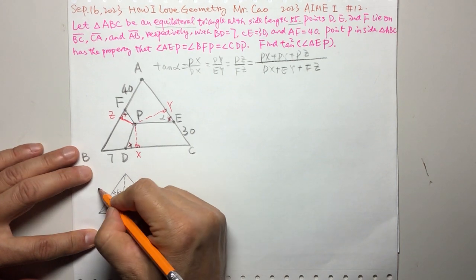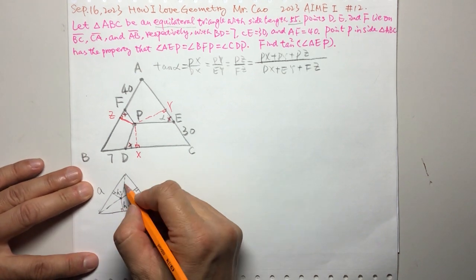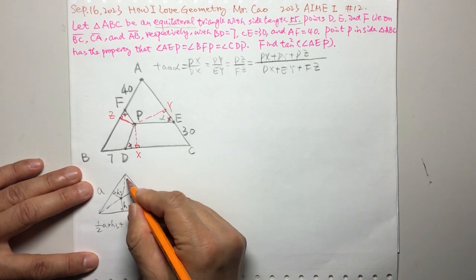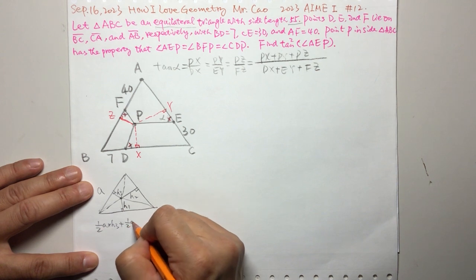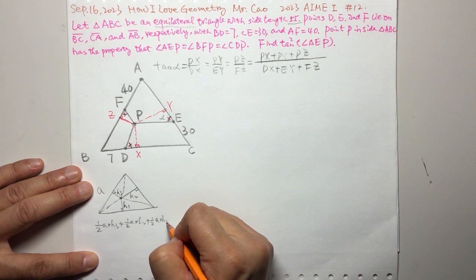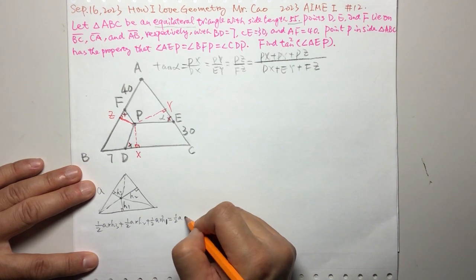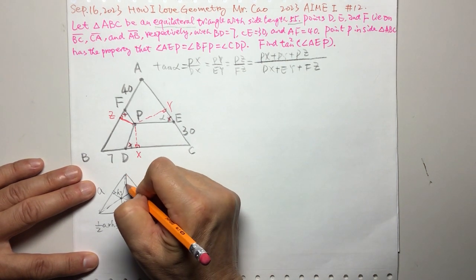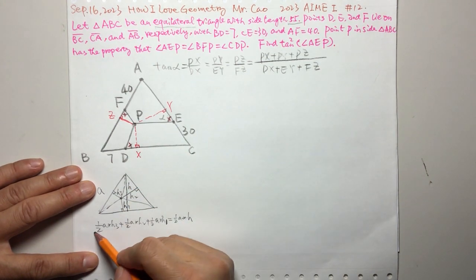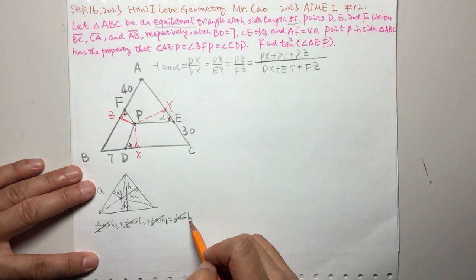If each side is A, the area of this triangle is 1/2 A times H3, plus 1/2 A times H2, plus 1/2 A times H1. This must equal 1/2 A times H, if this is H. So H1 plus H2 plus H3 equals H.